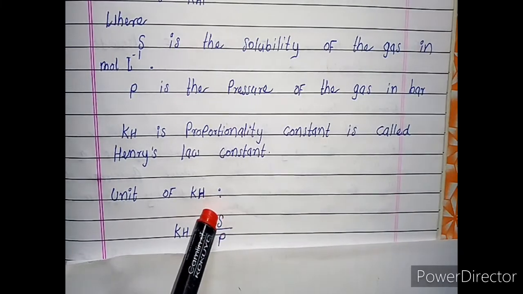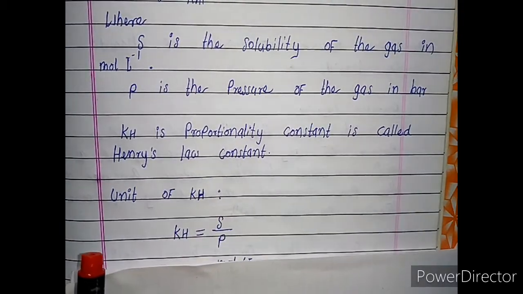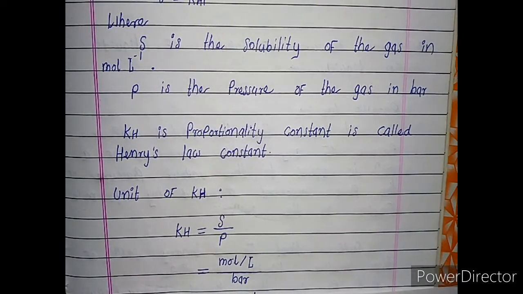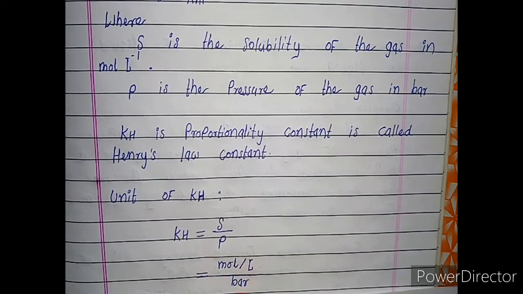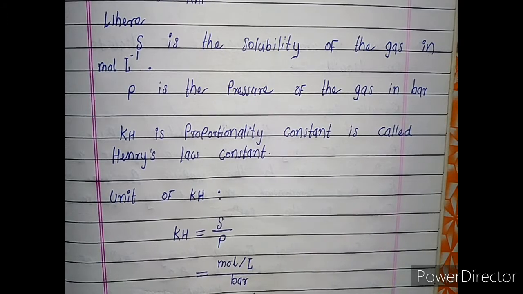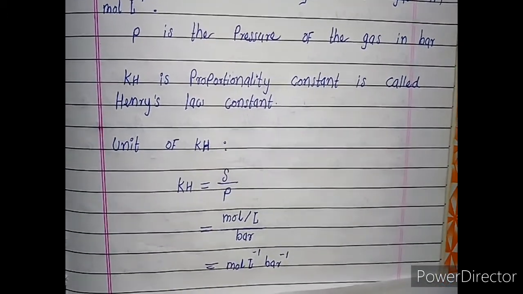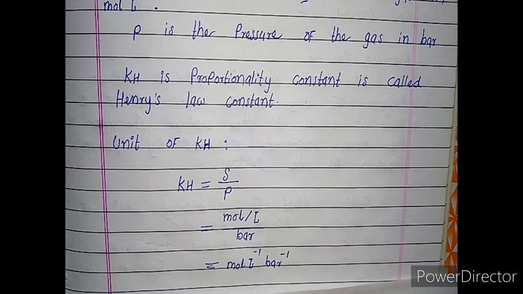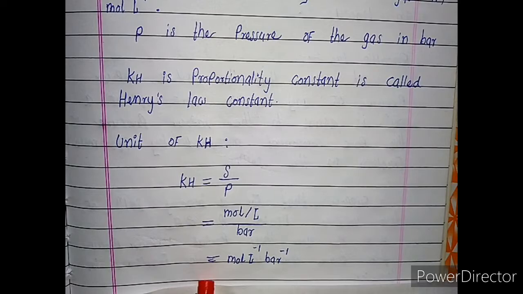So from the units of solubility and pressure, one can get the unit of KH, Henry's law constant. So KH is equal to moles per liter upon bar, or moles per liter per bar. So this is about the unit of Henry's law constant.